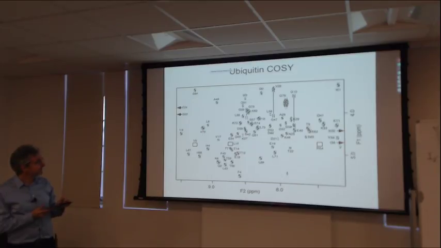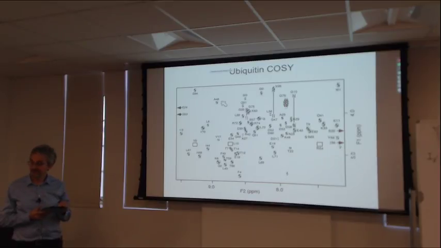The appearance, for example, of this peak means that there's a non-zero J coupling between the amide hydrogen of alanine 46 and the H alpha of alanine 46. And that's very important information to have.